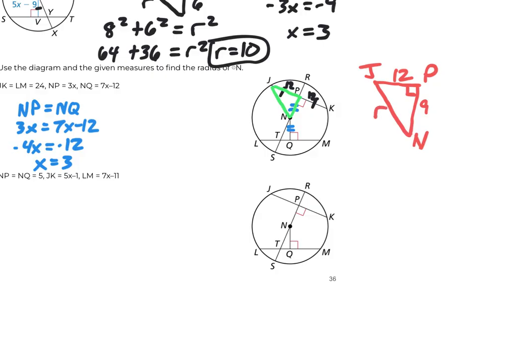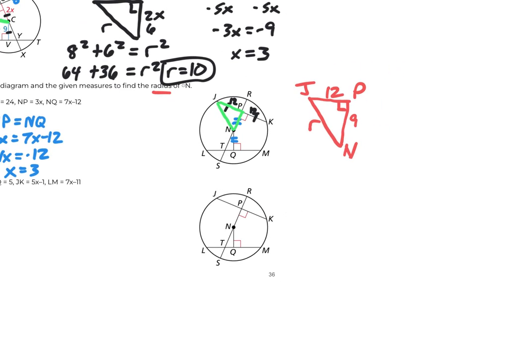And once again, we're looking for the radius. This segment is not drawn in, so we have to draw it in on our own. We're going to draw in segment JN. And then what are we going to do to find R? Pythagorean theorem again. So we'll go 12 squared plus 9 squared equals R squared.